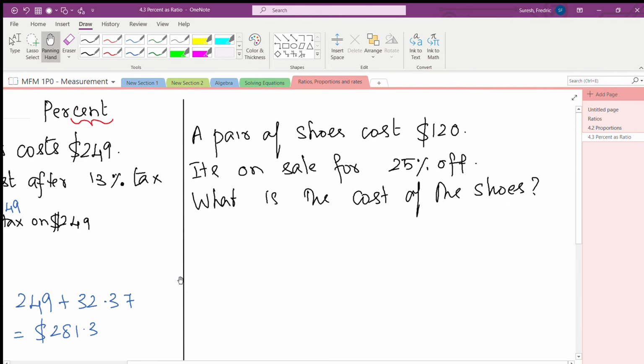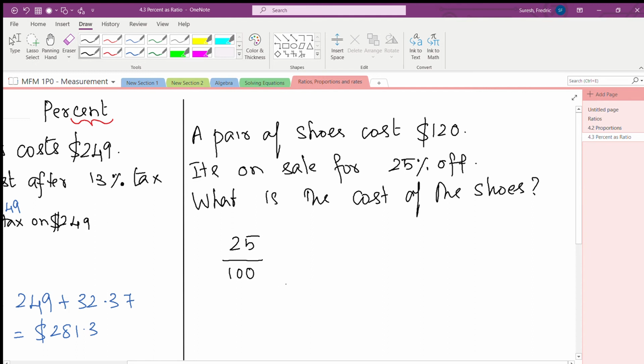Second example for you. This is a discount question. A pair of shoes costs $120 and it is on sale for 25% off. So what is the actual discount? Let's write a proportion here. The discount is 25% off for every $100.